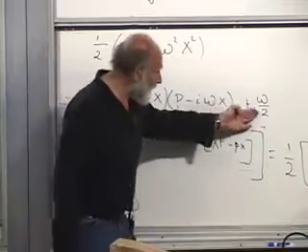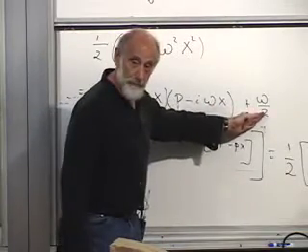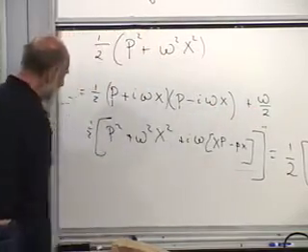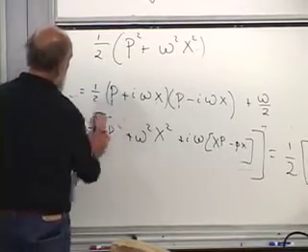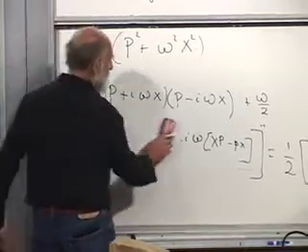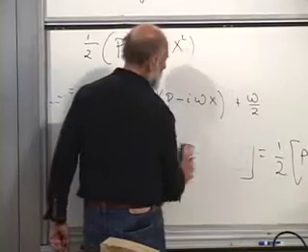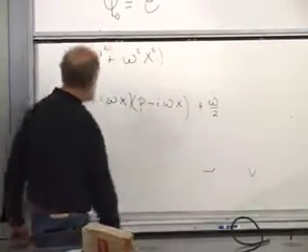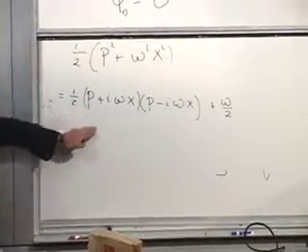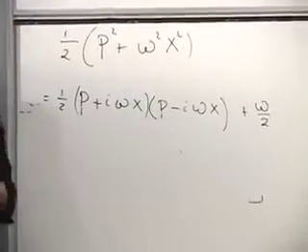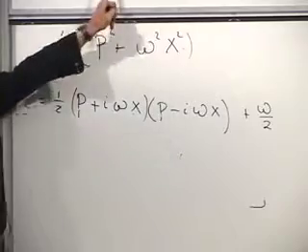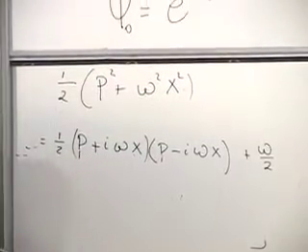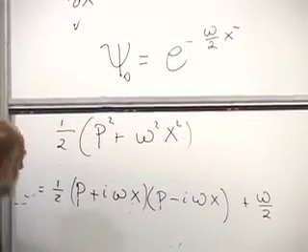Because we've already got the ground state energy here explicitly. So let's first check that this piece has eigenvalue 0 when it's applied to the ground state wave function. Let's do that exercise first.